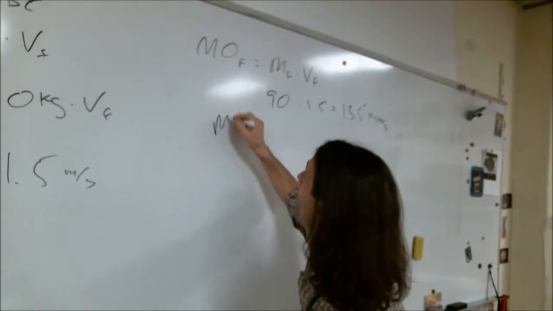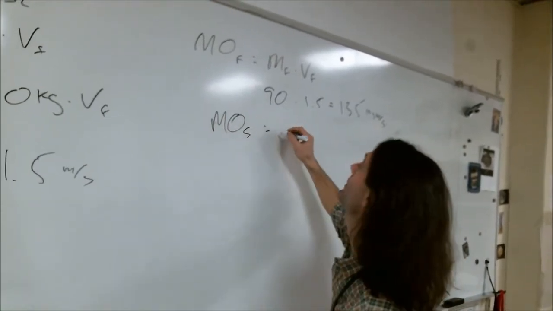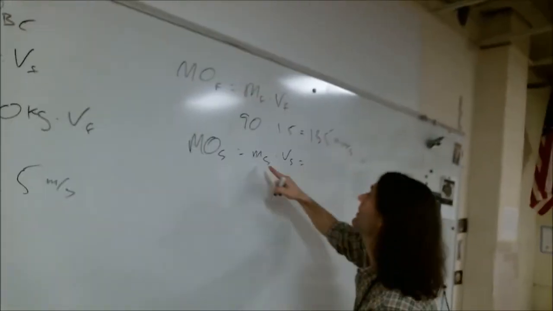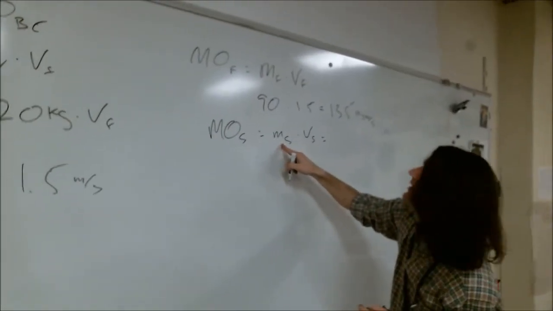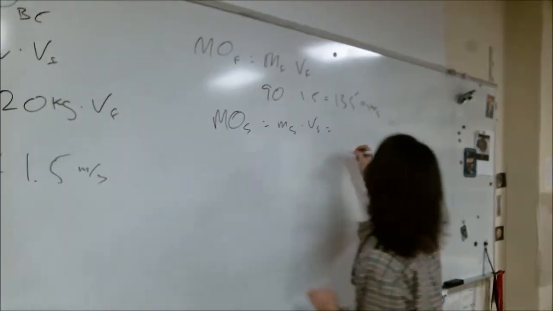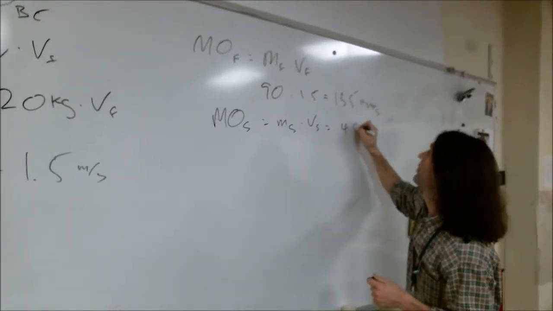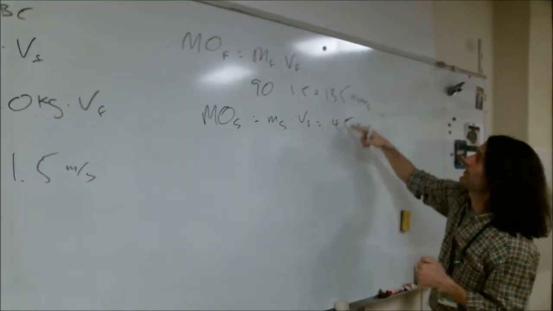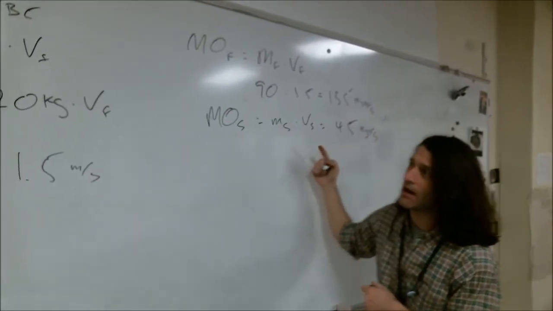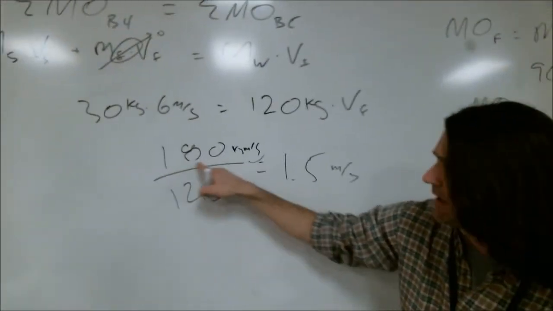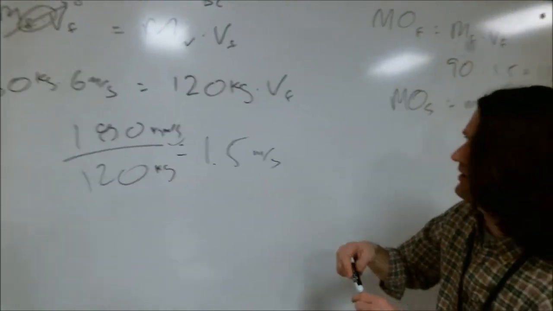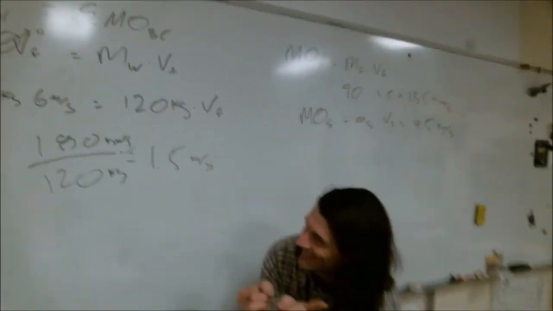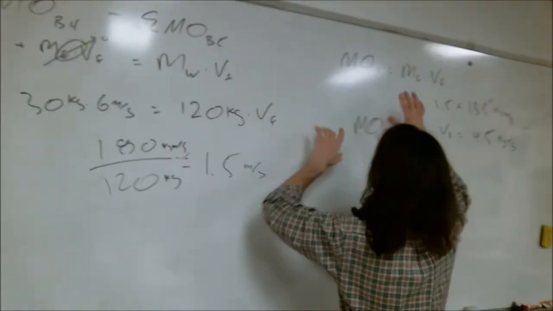What about the momentum of the skinny kid then? This is the mass of the skinny kid times velocity of the skinny kid final. This is going to be 30 times 1.5, which is 45 kilogram meters per second, which should make sense because 135 plus 45 is 180. So again, the change in momentum is just like life, it added up to nothing. All right, so that's if they stick.